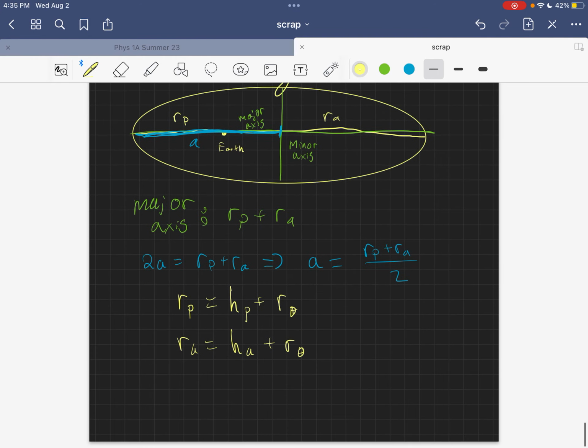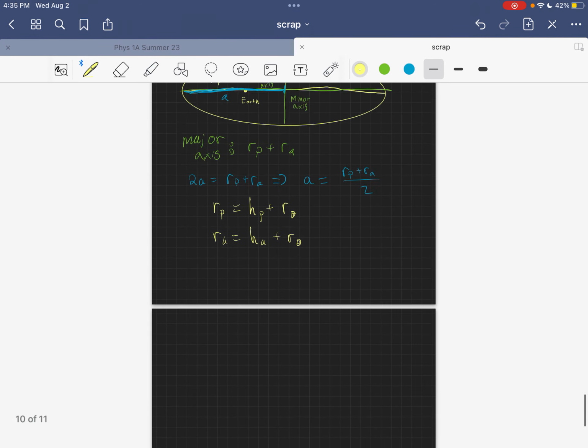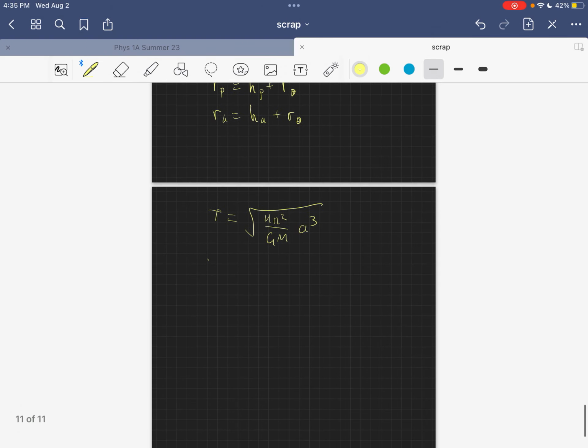So, now that we have that, we can find T, period. The period T. So we have T is equal to the square root of 4 pi squared over GM, a cubed. And we know a would be equal to the radius of the Earth plus the height of perigee plus the height of apogee over 2.